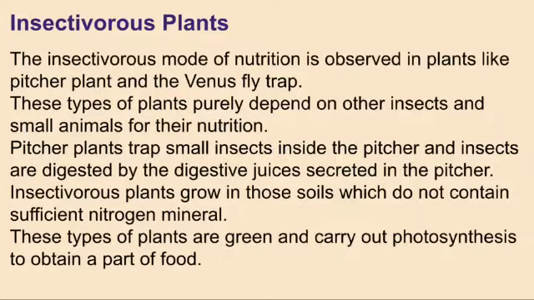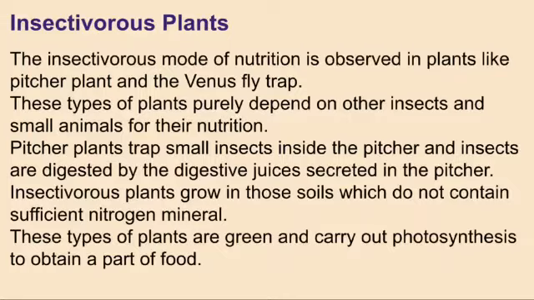Pitcher plants trap small insects inside the pitcher, and the insects are digested by the digestive juices secreted in the pitcher. Insectivorous plants grow in soils which do not contain sufficient nitrogen minerals.